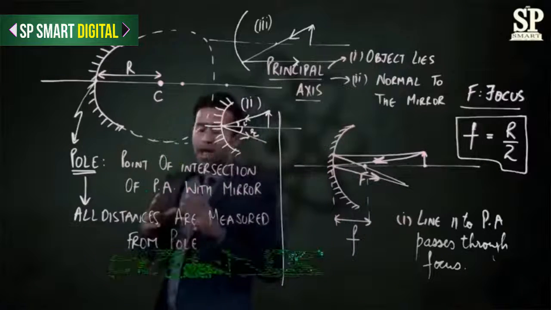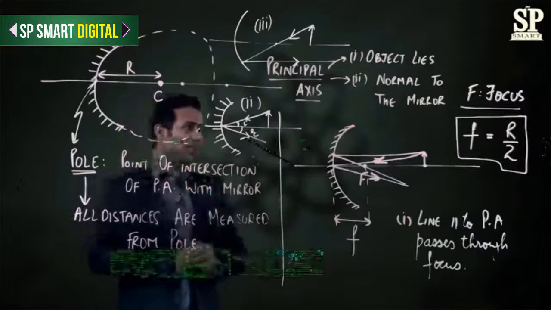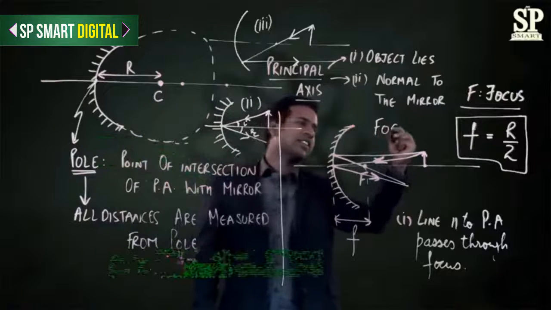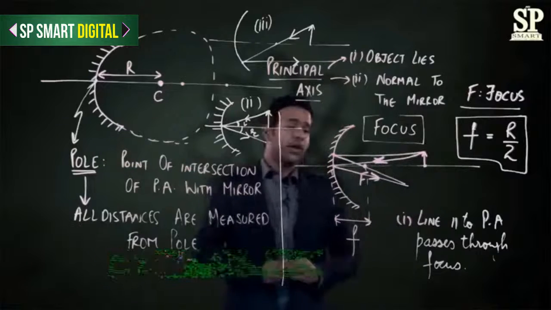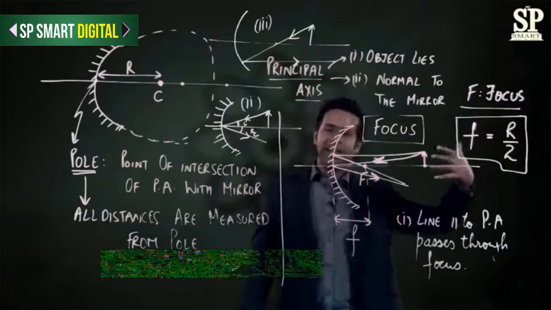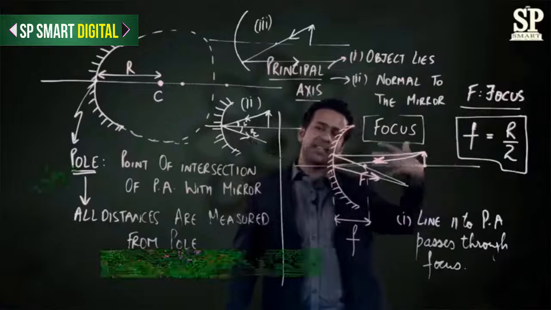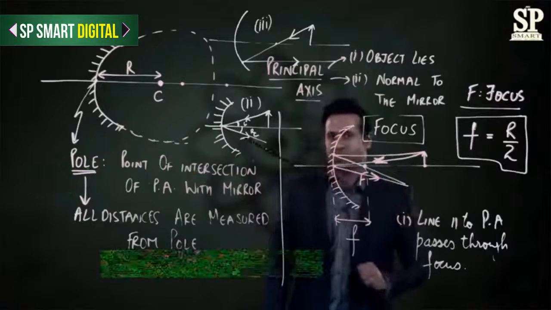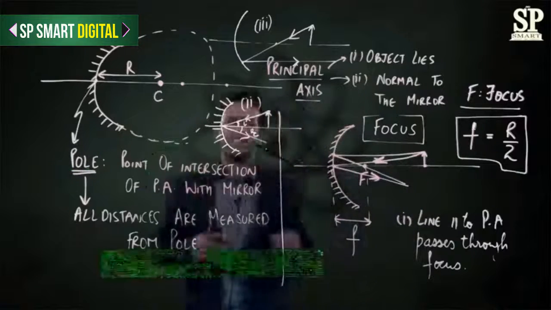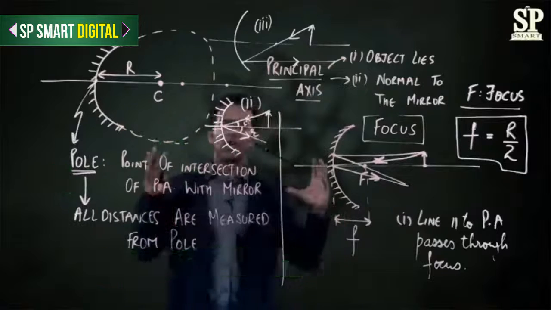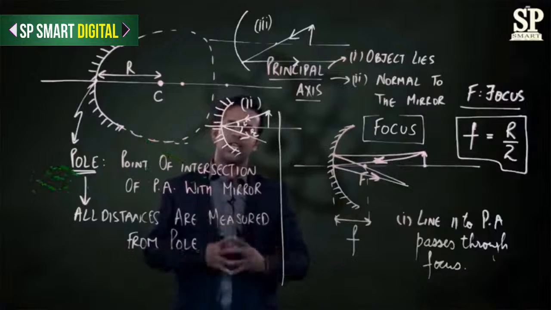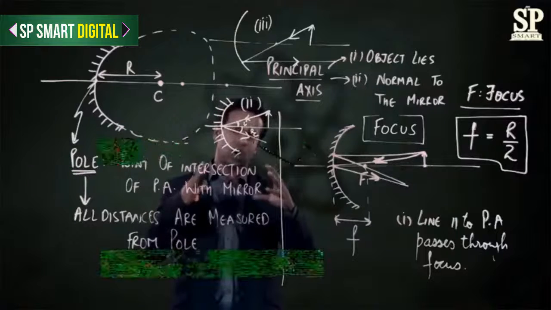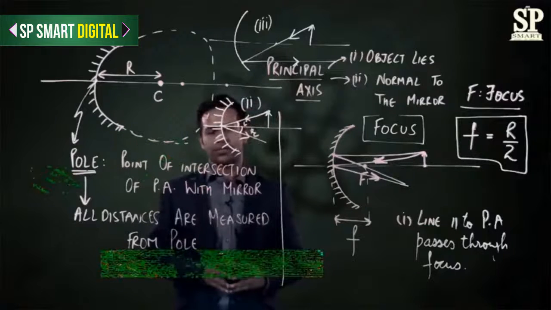Now, one last thing. The focus has a special significance. You recall that every ray which is parallel to the principal axis finally passes through the focus. So let's look at this animation which shows a lot of rays coming parallel to the principal axis. You see, all of them are concentrated at the focus.